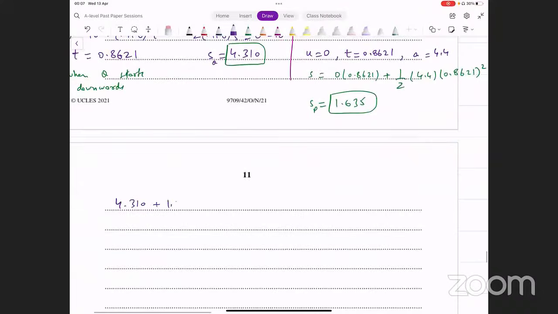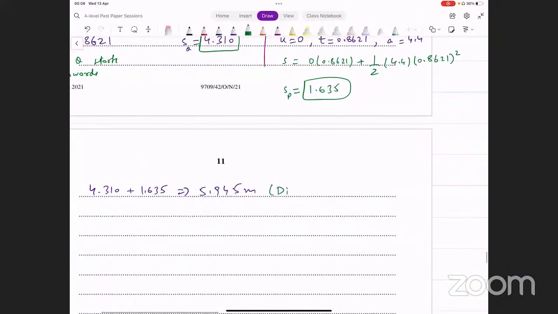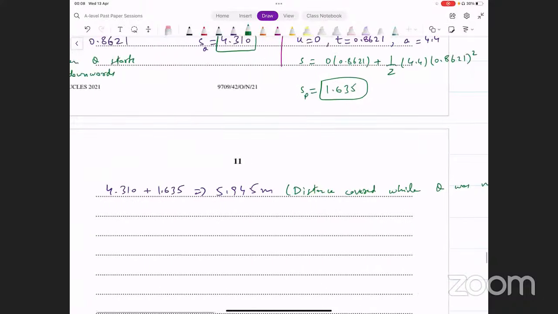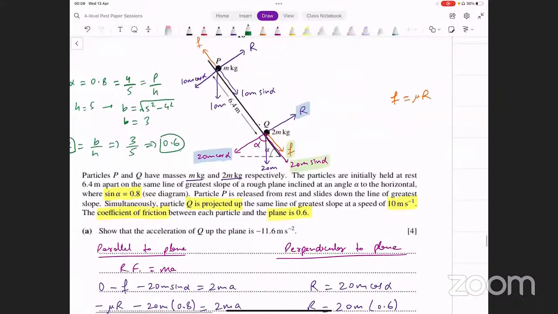4.310 plus 1.635, what's that, 5.945. This is the distance covered while Q was moving upwards. ये उतने time में जितना distance cover हुआ है, that is 5.945 meters. ठीक है, जब Q ऊपर को move कर रहा था, total distance कितना था उनके बीच में start में, it was 6.4, और that means अभी तक वो collide नहीं किए हैं. इसके बाद में Q ने नीचे move करना शुरू कर देना है.